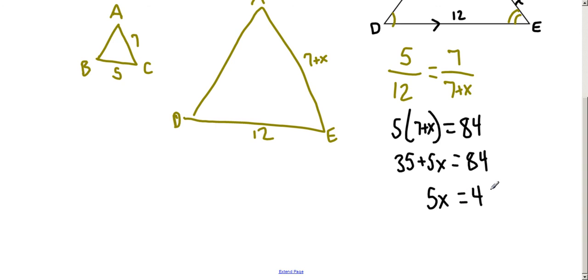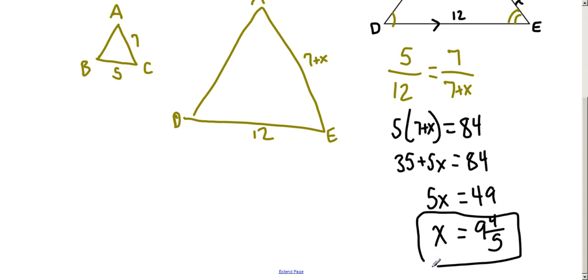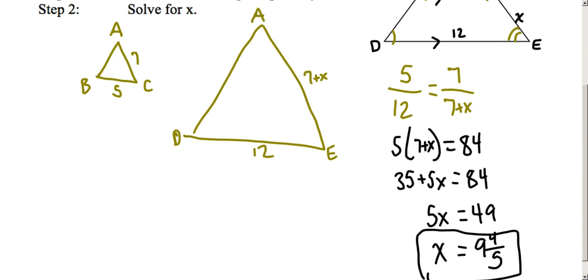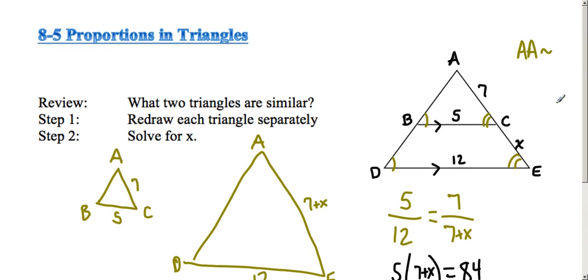We get 5X is 49. And dividing both sides by 5, 5 almost goes into 49 10 times, but it's 9 times with 4 left over. Okay, so there's our X value. So a little bit of review of ratios and proportions and similar triangles.